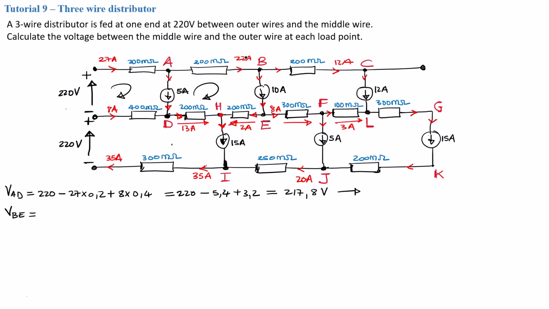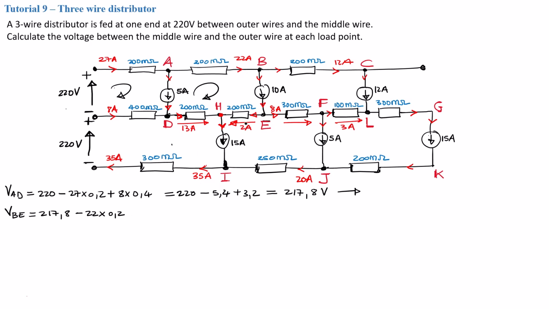Now remember the current here is 22 amps, so we're going to have 217.8 minus the voltage drop across a 200 milliohm resistance here, so it's going to be 22 amps times 0.2, minus, since the current is flowing in the same direction on this 200 milliohm resistance there.